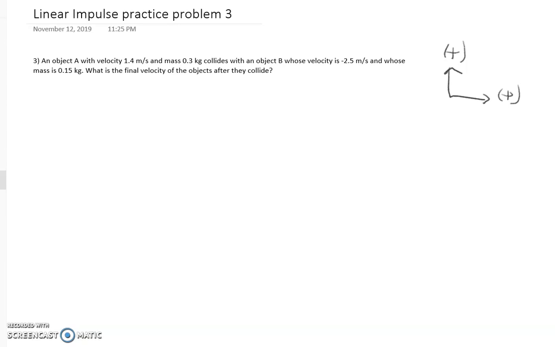Let's say that right is positive, and we have object A and object B. Object A is going to the right, and object B right there is going to the left.